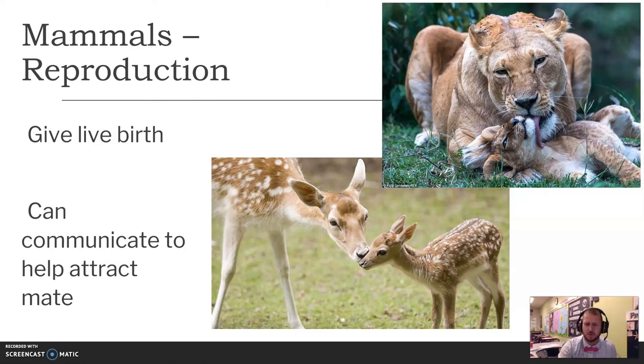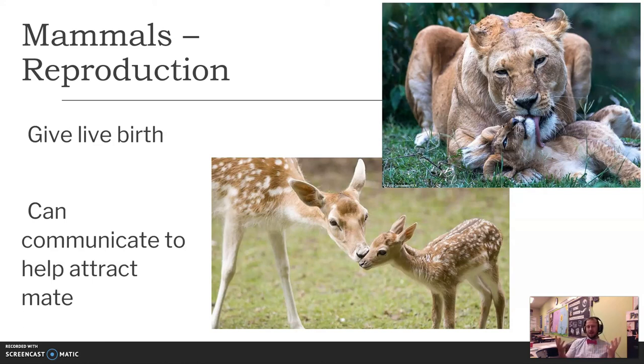They will also, kind of like the birds, use parts of them or communication to help attract a mate. There are calls and stuff, mating calls, which they will use, whether it's a wolf's howl or a lion's roar. But then also, again, the male of these species are the ones that have to do all of the hard work as far as attracting and proving themselves to the female.